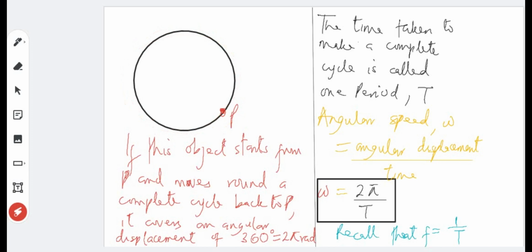And we know that the time taken to make a complete cycle is called 1 period. Period T is the time taken to make one complete cycle.